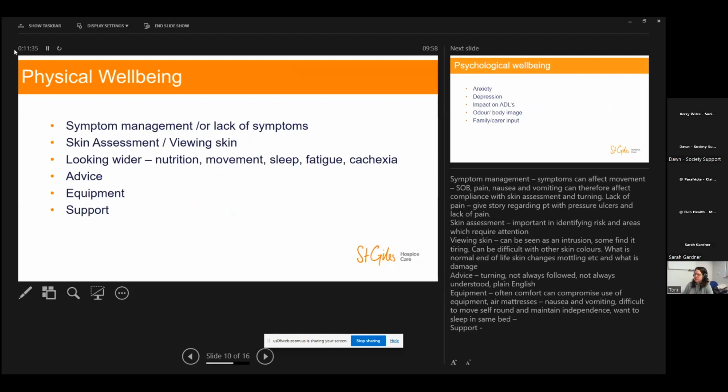When we think about our physical well-being, obviously we've got symptom management, or a lack of symptoms. I've had patients who have shortness of breath, or pain, or nausea and vomiting, and that can affect the way they comply with some of the things we ask them to do, such as being turned, getting off their bottom, or getting their heels lifted off.